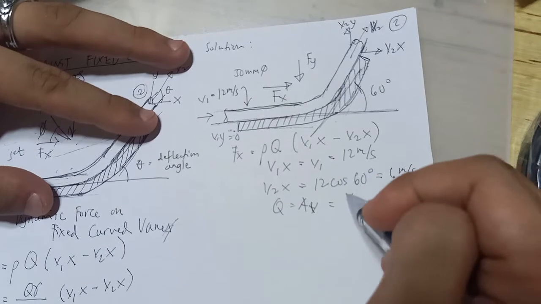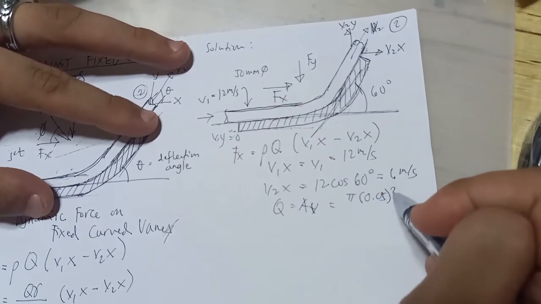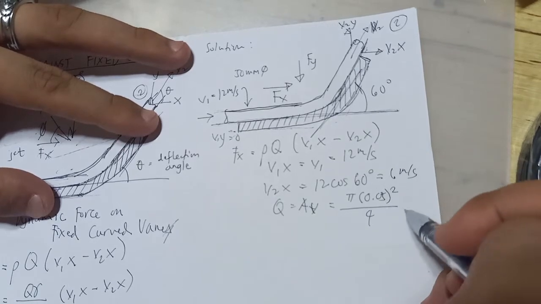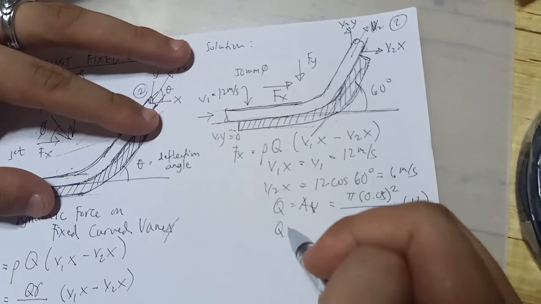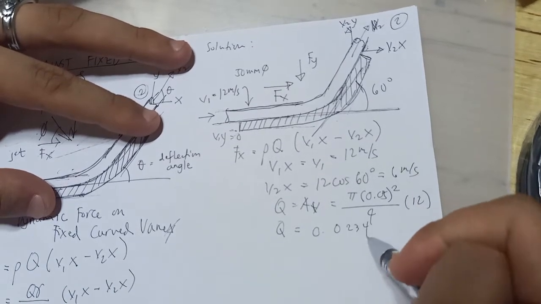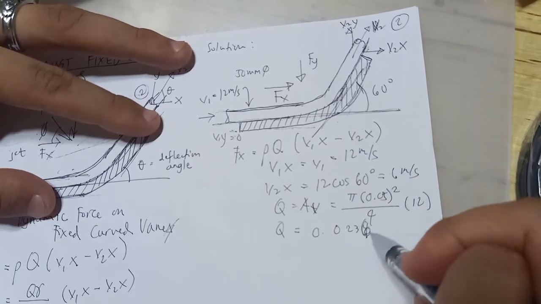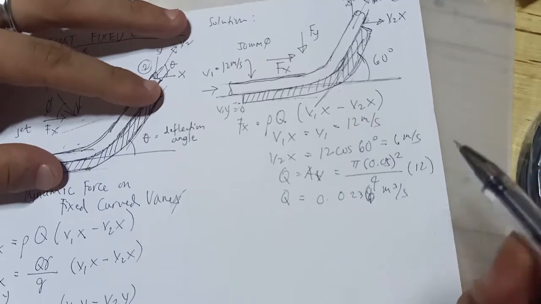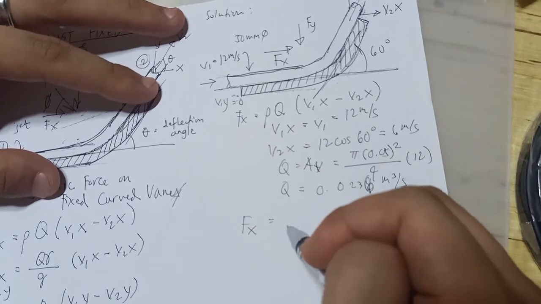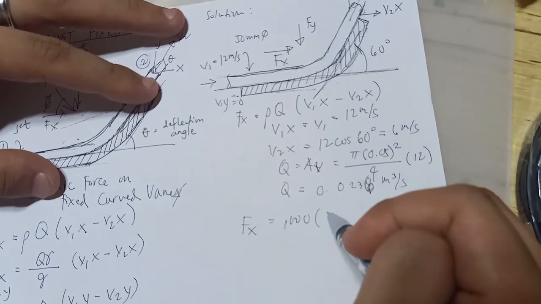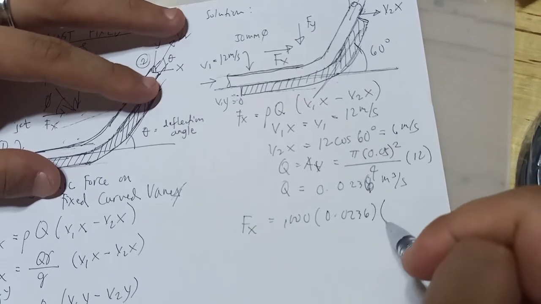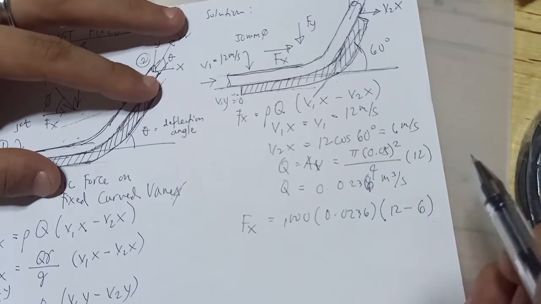Therefore pi times 0.015 squared over 4 times 12. So our Q now is 0.0236 cubic meters per second. So our Fx equals now 1000 times 0.0236 times 12 minus 6, right?